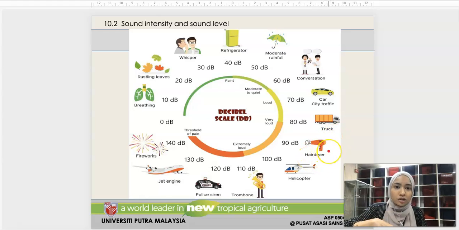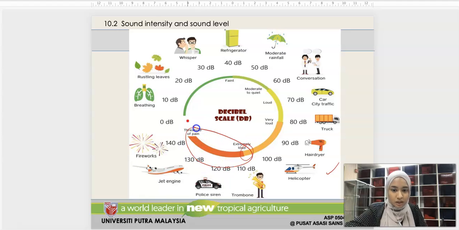And then you have a hair dryer, where it gets a little bit too much on your hearing. And then you have the helicopter, which is like, oh, okay, that's gotta hurt somehow. It's close to the threshold of pain. So this is where your ear actually feels the pain.